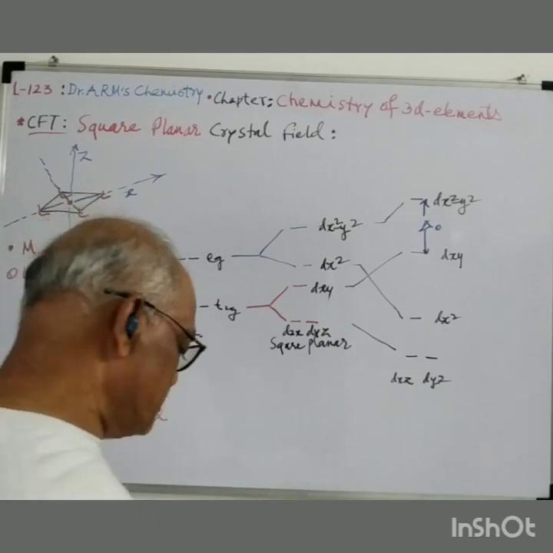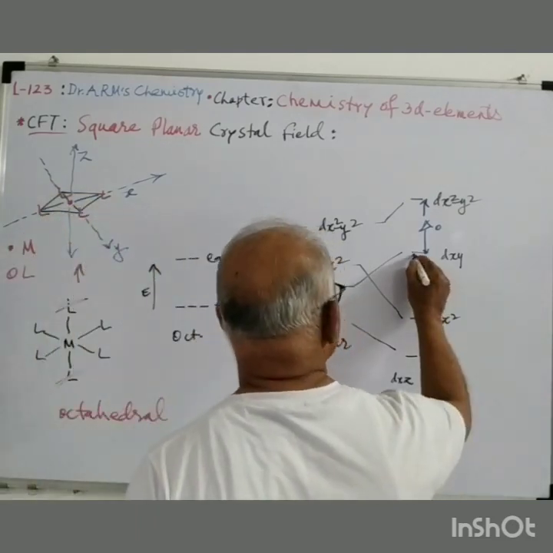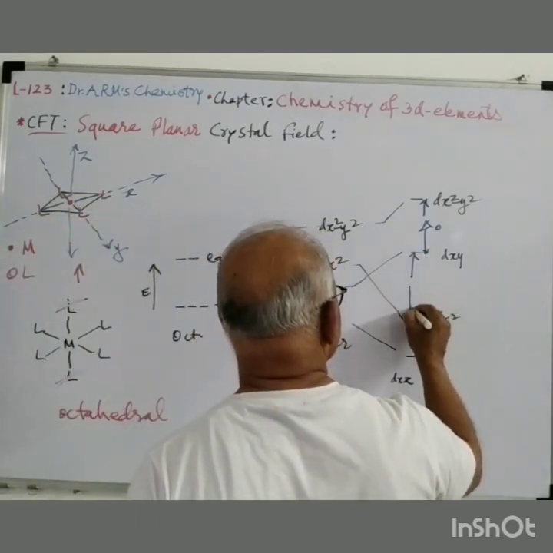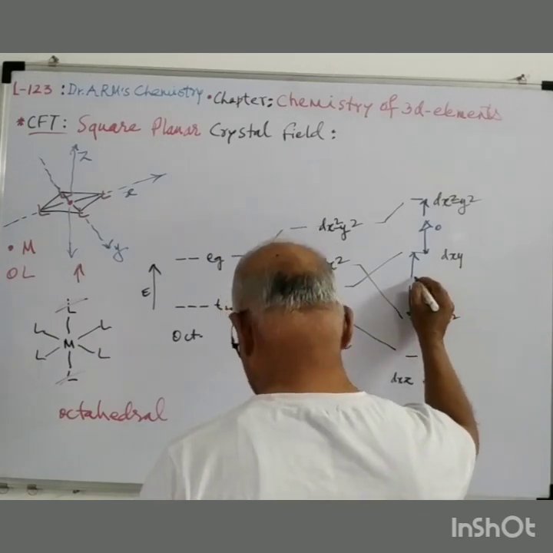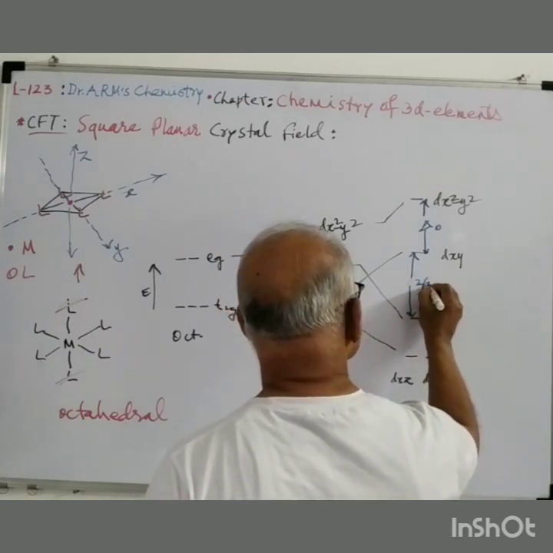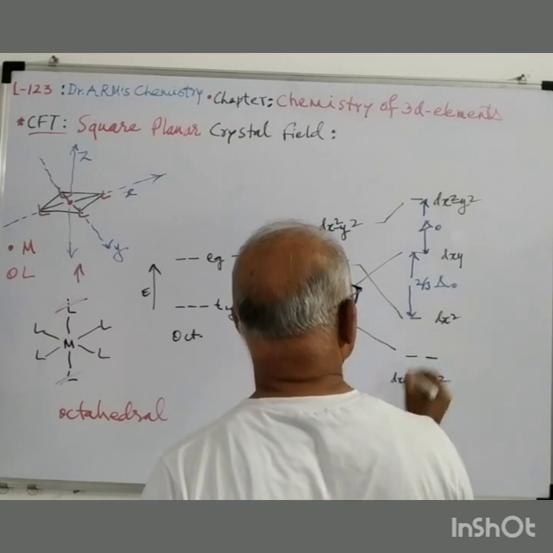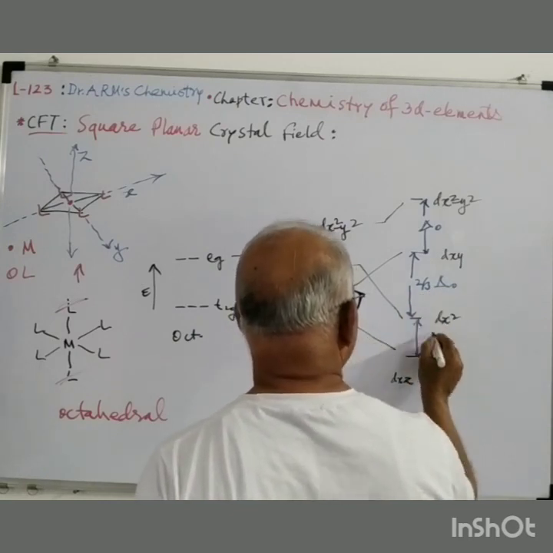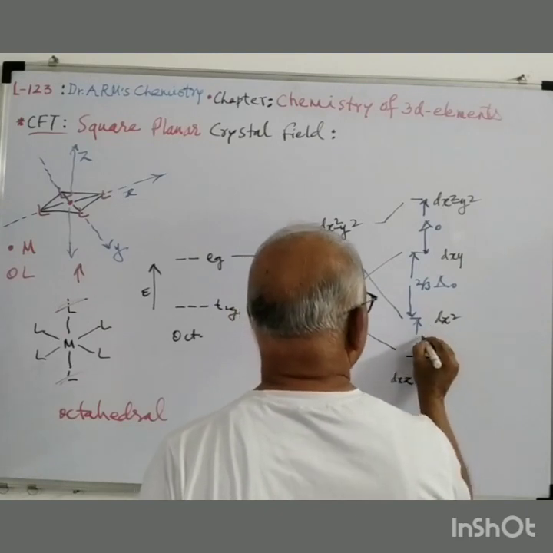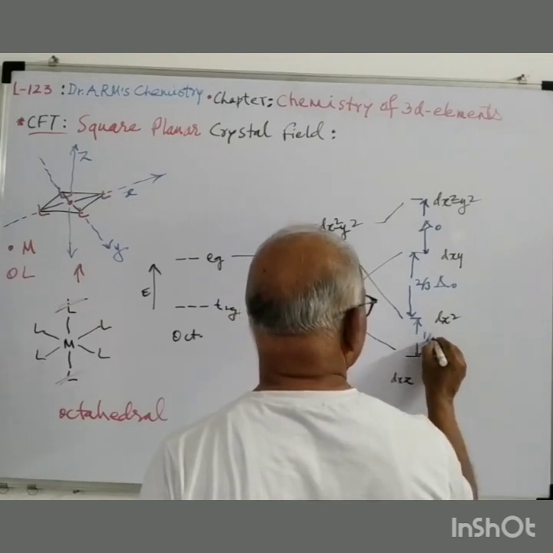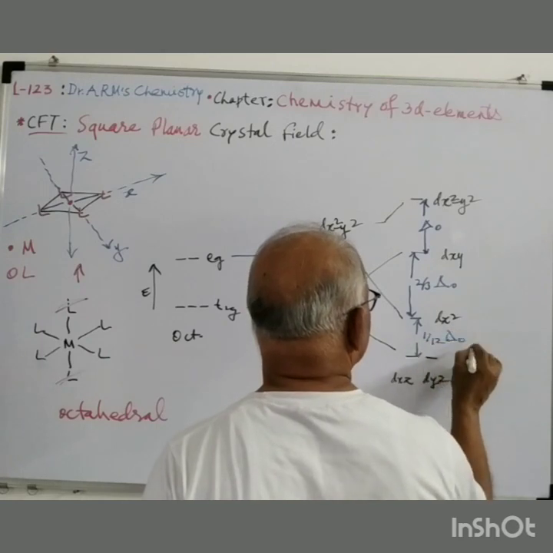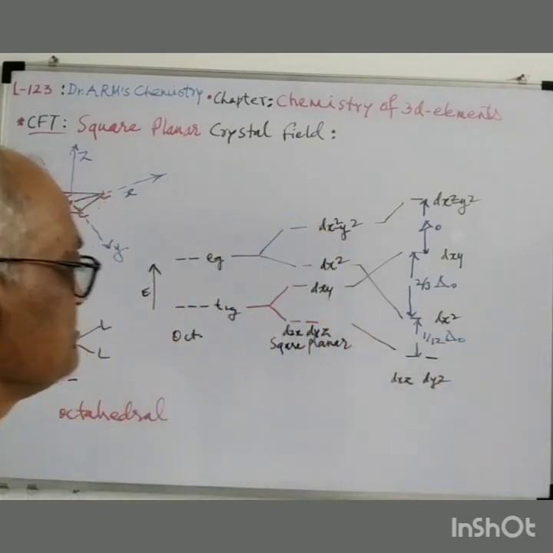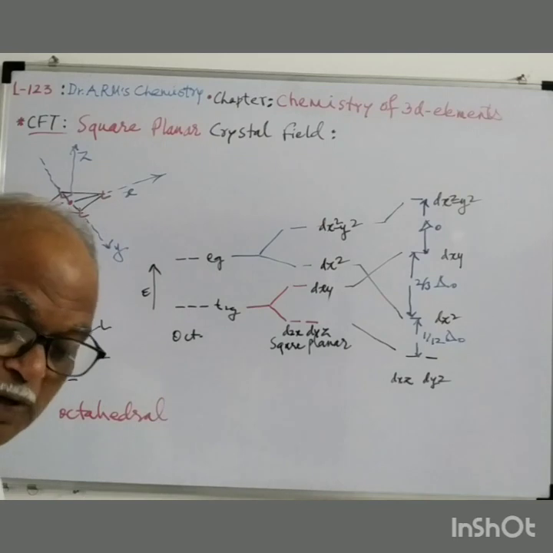Then the energy difference between these two orbitals is 2/3 of delta O, and this energy difference is 1/12 of delta O.